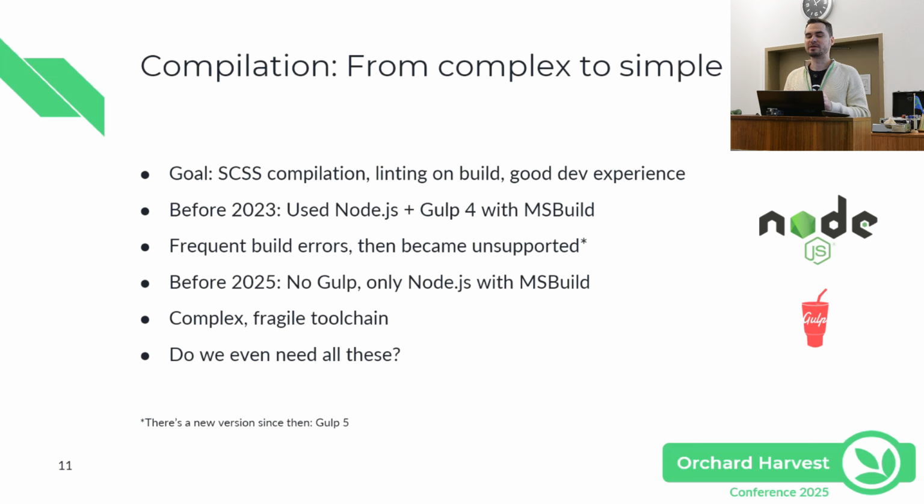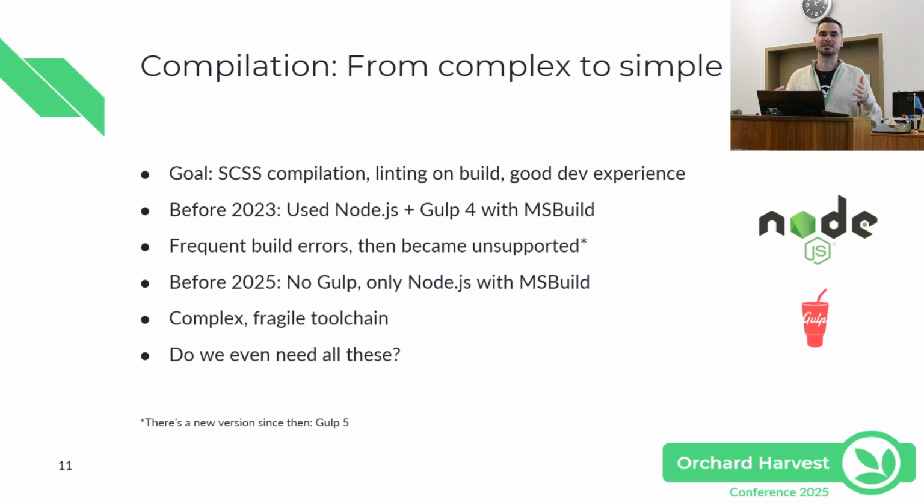Our goal always was the same: to be able to implement proper CSS code, which SCSS allowed us to do, from an engineering perspective, to produce quality, manageable and future-proof code, and components as well. So SCSS was a really good choice back then. We wanted linting, and we wanted a really nice developer experience.